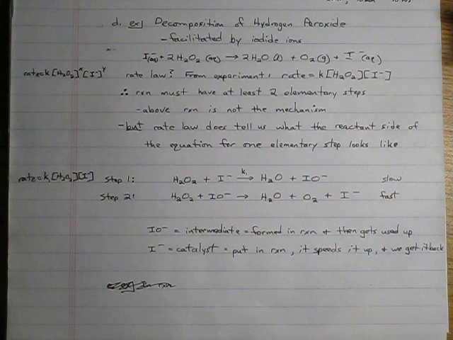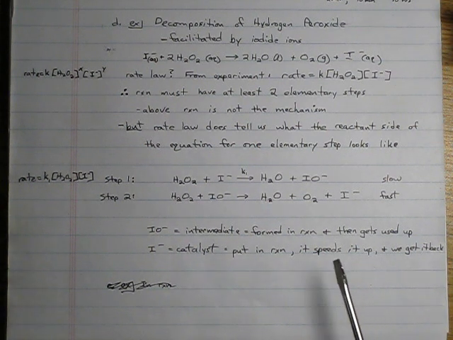We're predicting IO minus is generated in this reaction. Let's try to see if we can find IO minus in our reaction, see if it even exists. That's one way to do it, look for the intermediate, see if that intermediate is in there. And in a little bit we'll discuss other ways to see if our proposed mechanism is the actual mechanism.